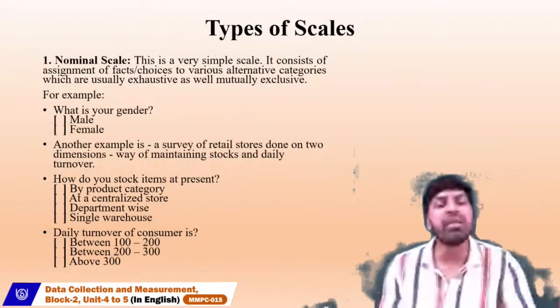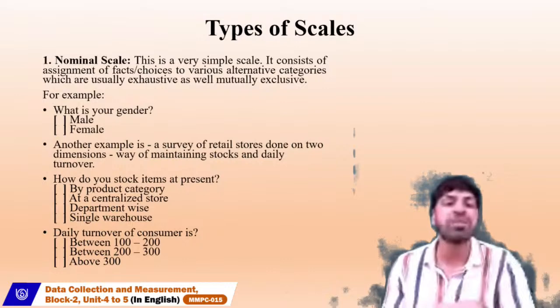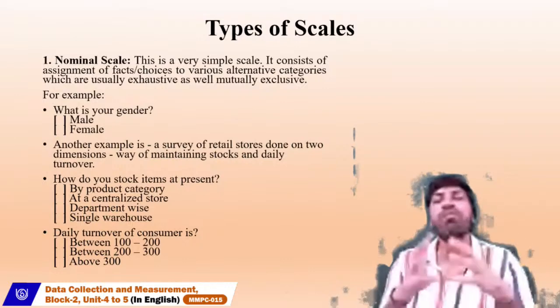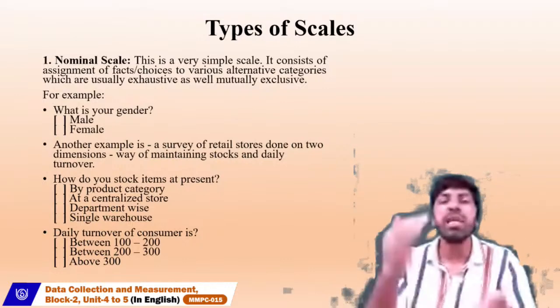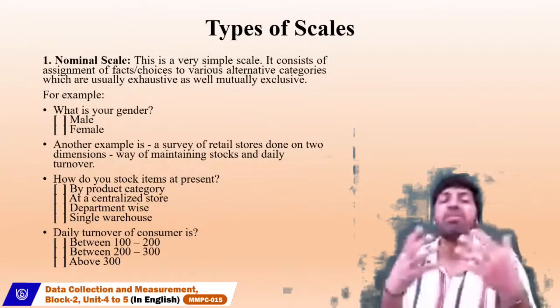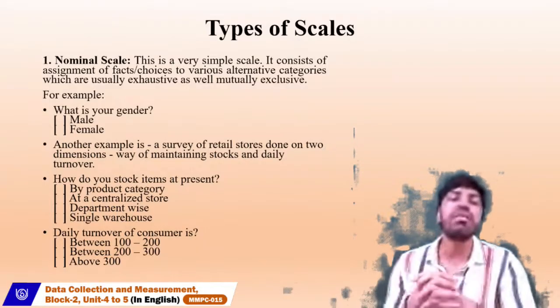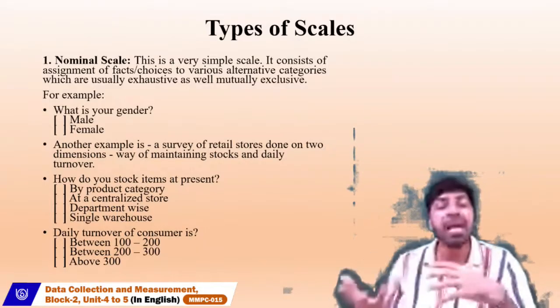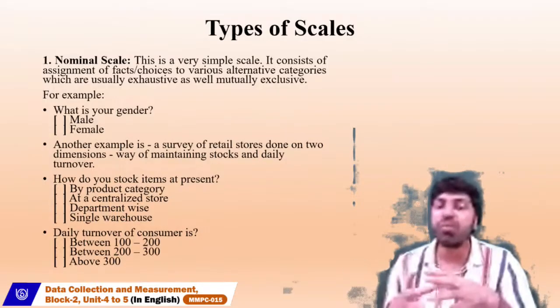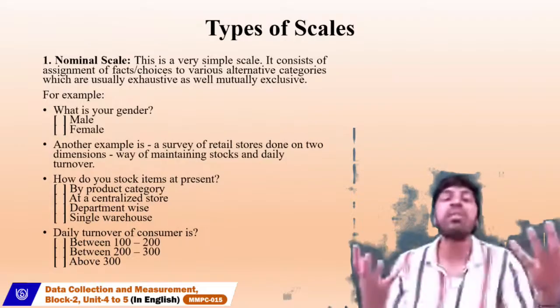There is also another set of questions. Say a survey has been conducted in a retail store, and we have shown a fact in the form of a question and are giving multiple alternative categories as possible answers. How do you stock items at present? By product category, by centralized store, by department-wise, or single warehouse. These are called categories.